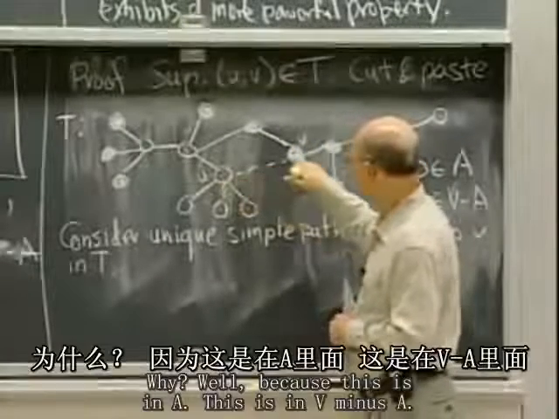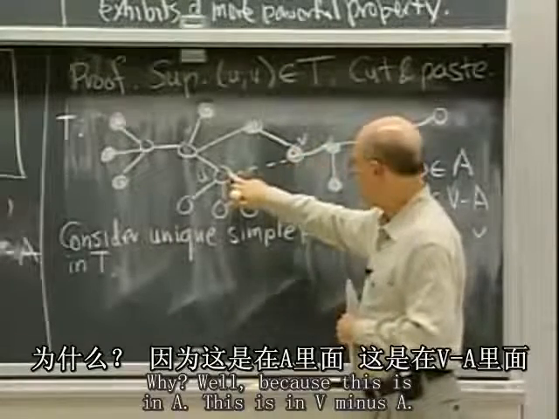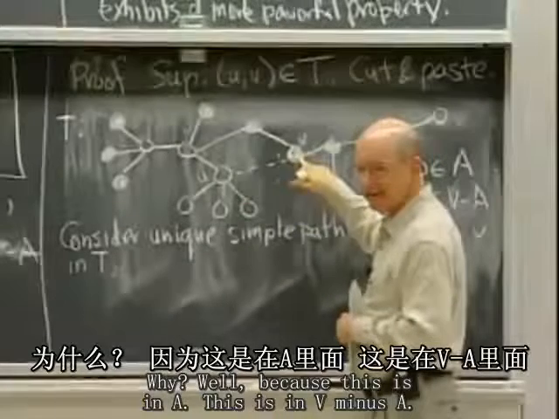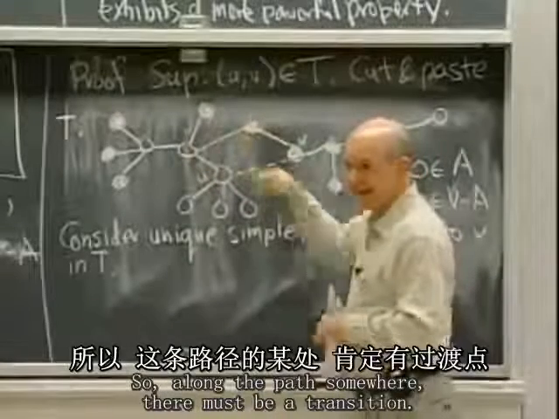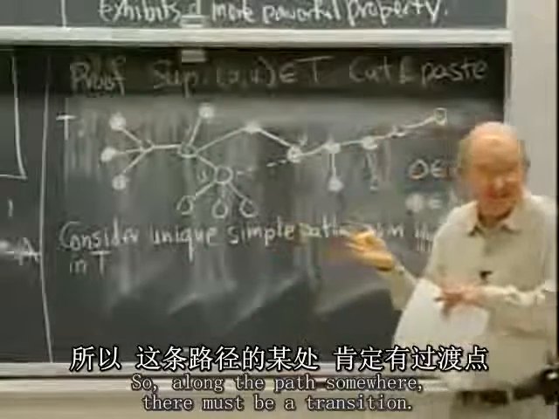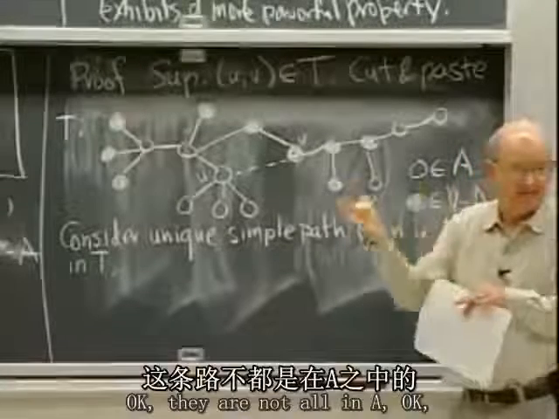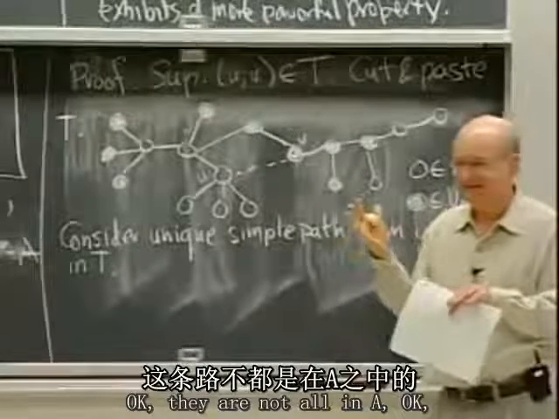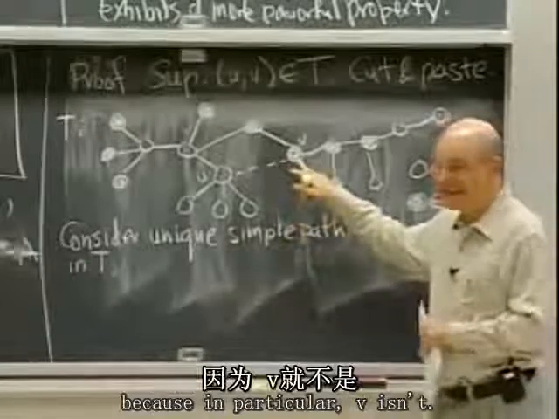Because this is in A and this is in V minus A, so along the path, somewhere there must be a transition. They're not all in A, because in particular V isn't.